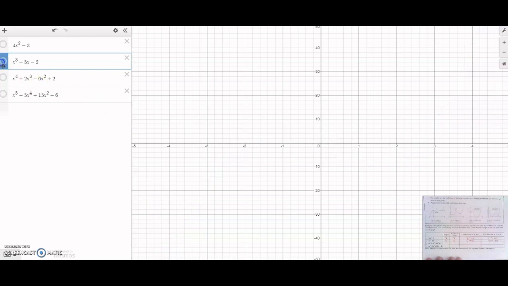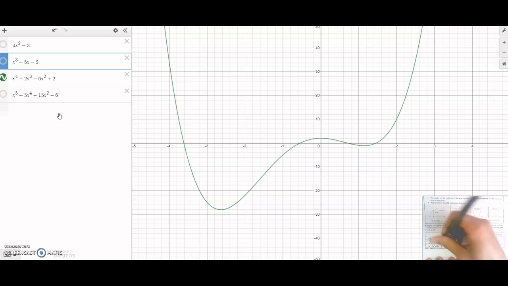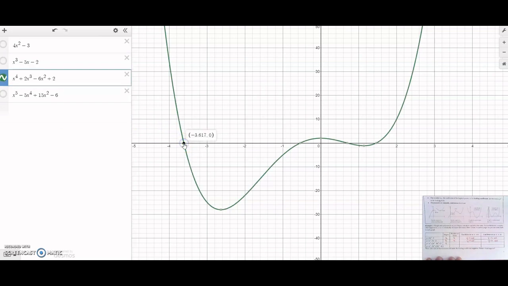Taking a look at the next one, we've got x to the fourth plus 2x cubed minus 6x squared plus 2. This is a polynomial of degree 4. We count the zeros. We've got 1, 2, 3, and 4. So there are 4 zeros. And as x increases, our function also increases.